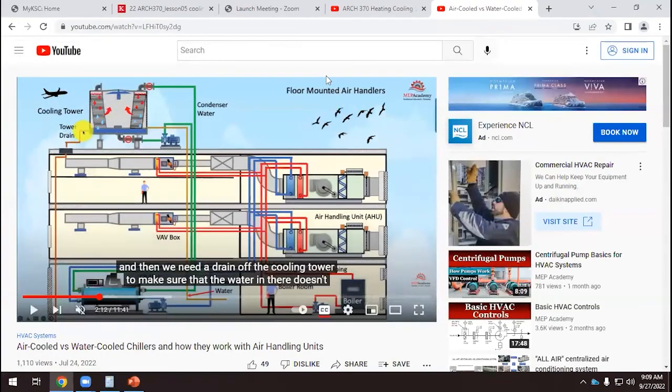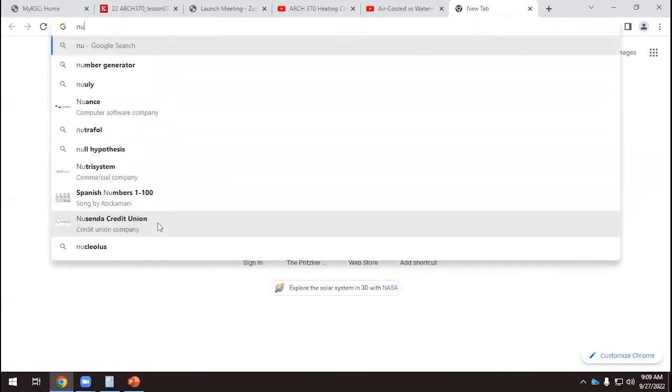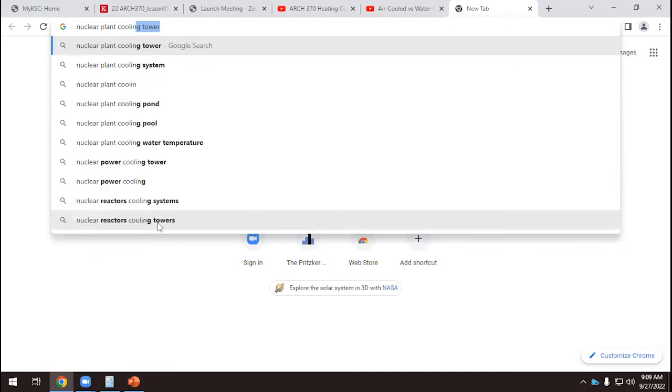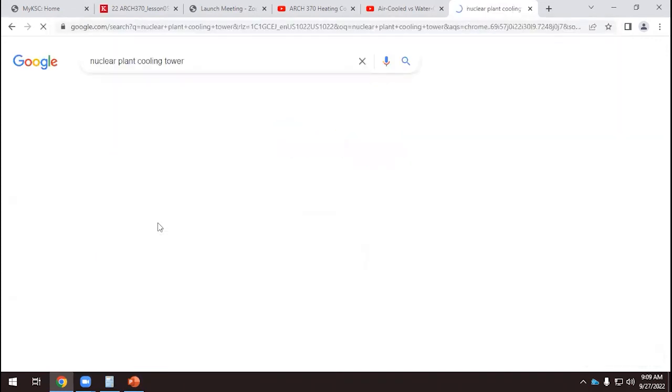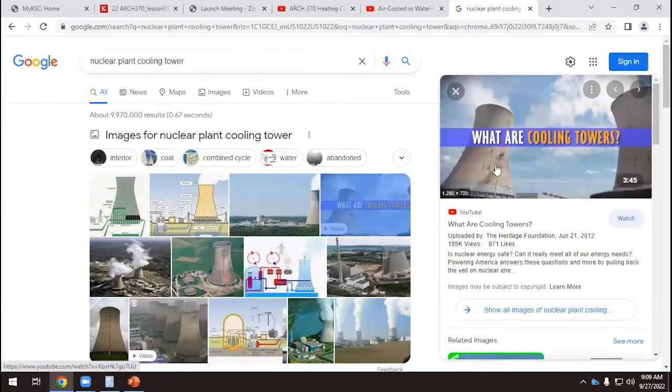So when we see a nuclear plant cooling tower, it's this. Those are huge, gigantic cooling towers.